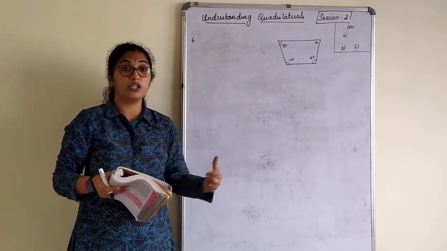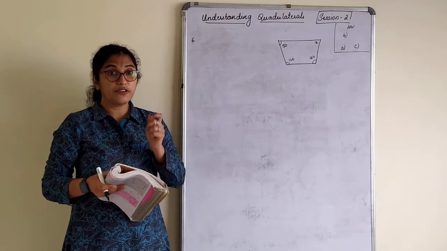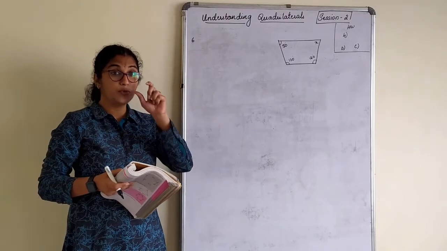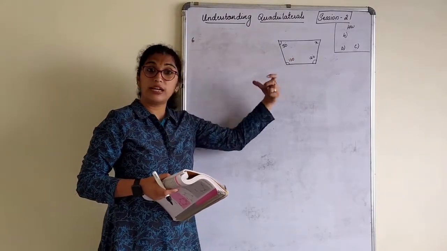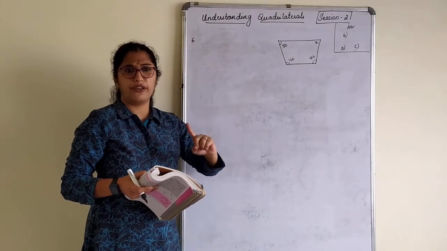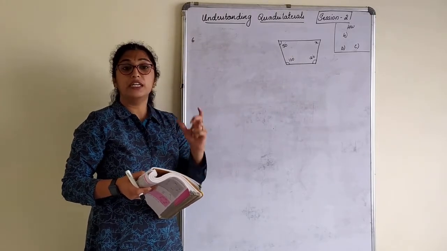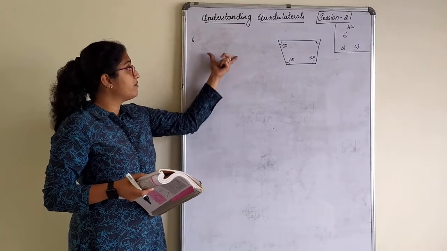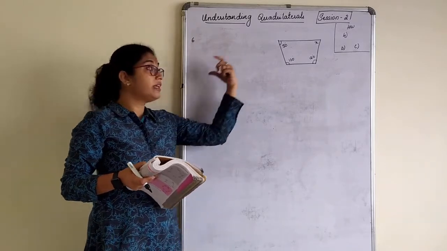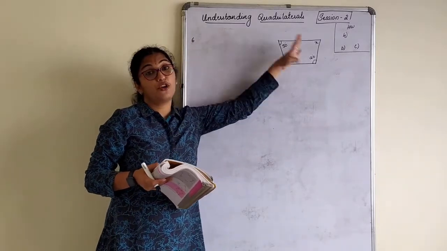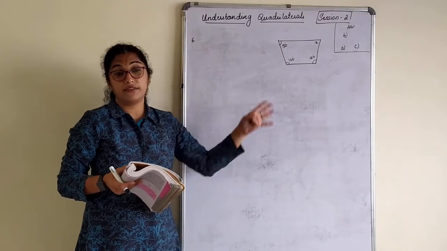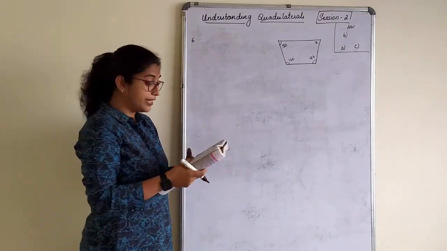Even though the figure is given in your question paper, you have to draw it in your answer sheet, in your book or wherever you are writing. Always remember, in geometry we derive or solve only with respect to the figure we have drawn on our right hand side in our answer sheet.